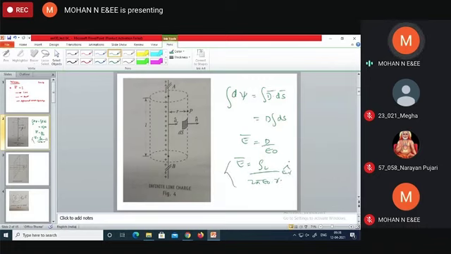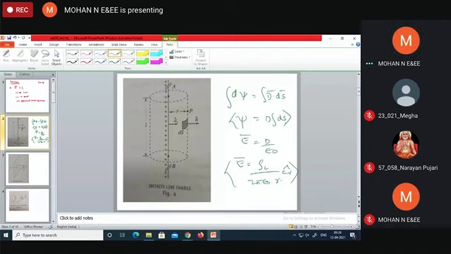This is the total flux emanating radially outside the Gaussian cylinder. We have not used any integrations here. We have just used the concept of linear charge density and obtained the solution for the total electric field intensity.